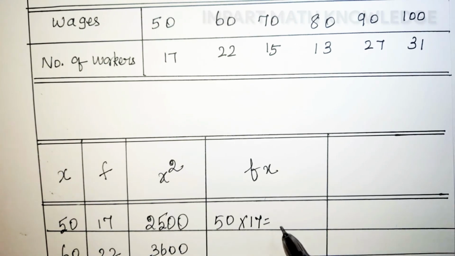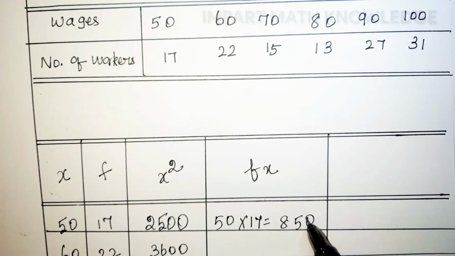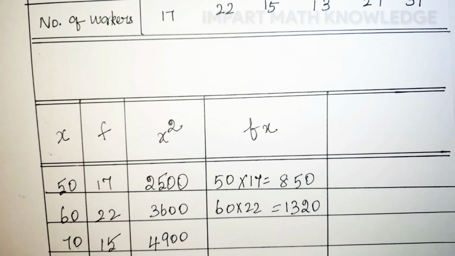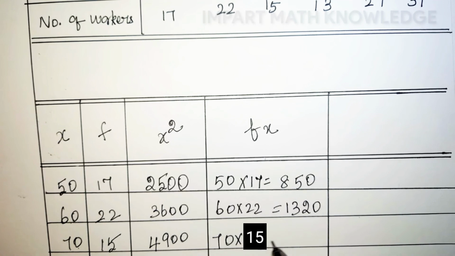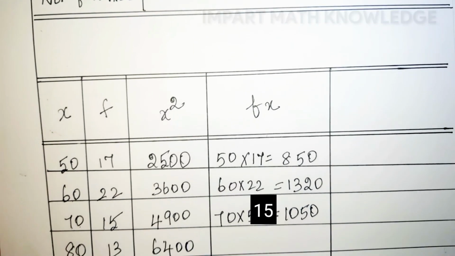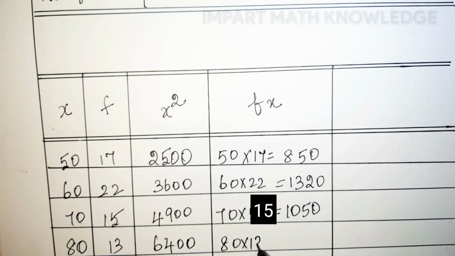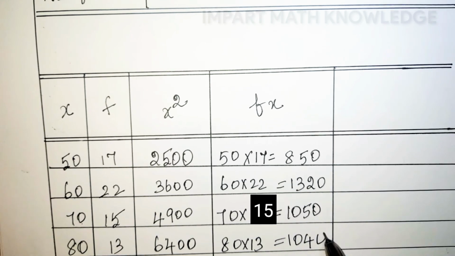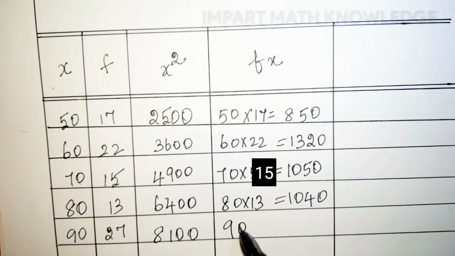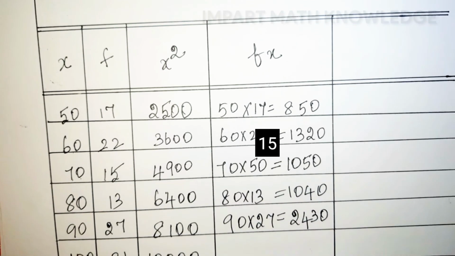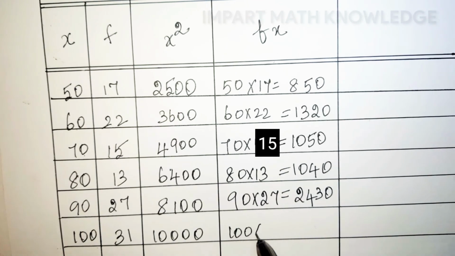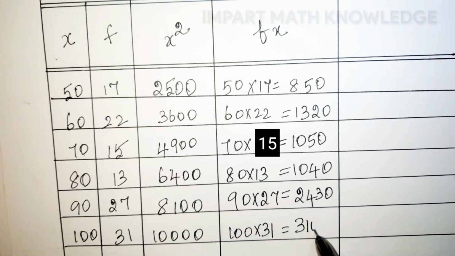50 into 17 is equal to 850. 60 into 22 is 1320. 70 into 15 is 1050. 80 into 13 is 1040. 90 into 27 is 2430. 100 into 31 is 3100.